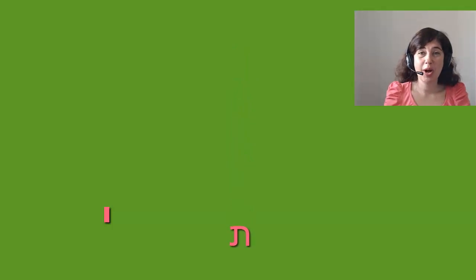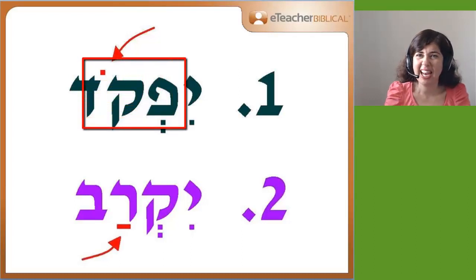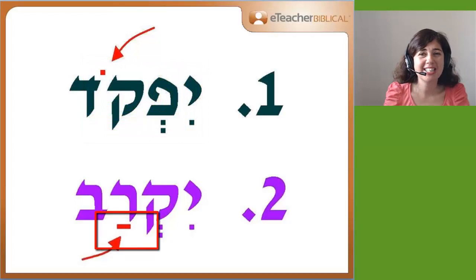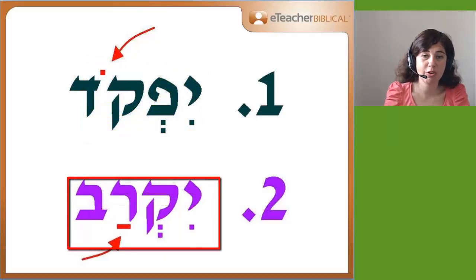There is one more special thing in the yiqtol conjugation, and as you can see there are 2 common forms. One form has a cholam between the second and the third root letter, and the second and less common form has a patach, ikrav. Yeah, so yifkod, yikrav.